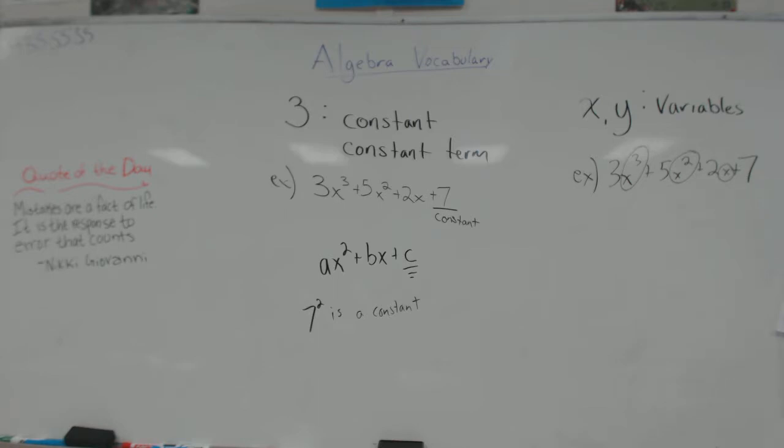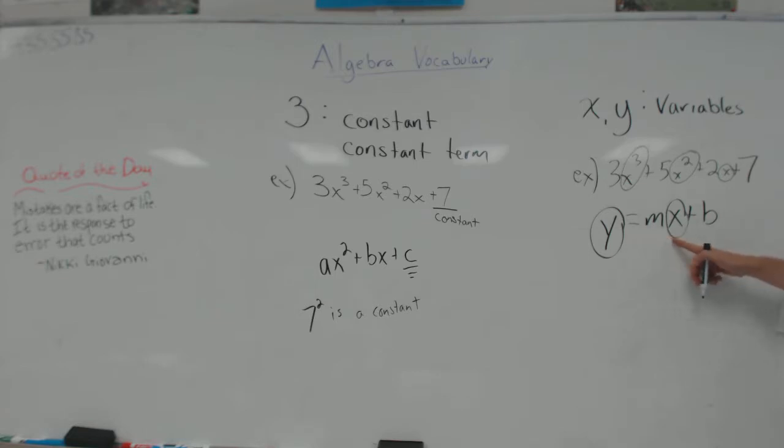And when you see an equation written out, like y equals mx plus b, typically letters like x, y, and z and w are going to represent variables when equations or formulas are written out like this.